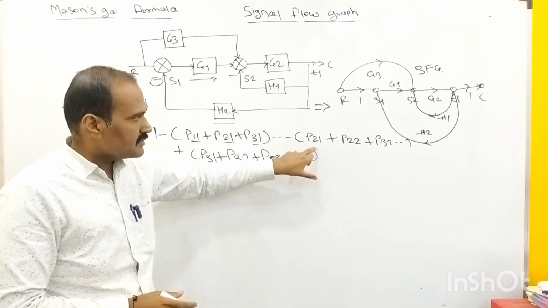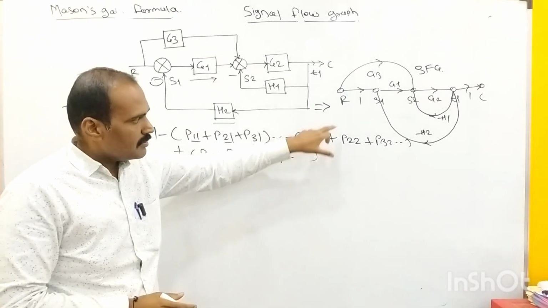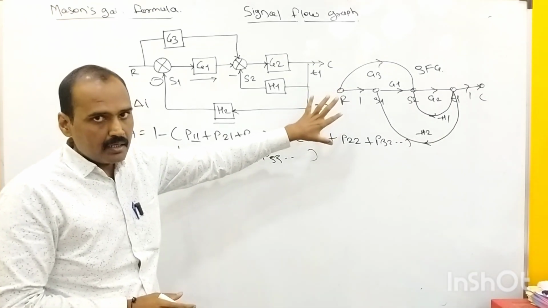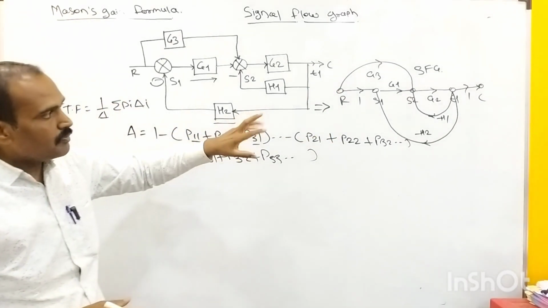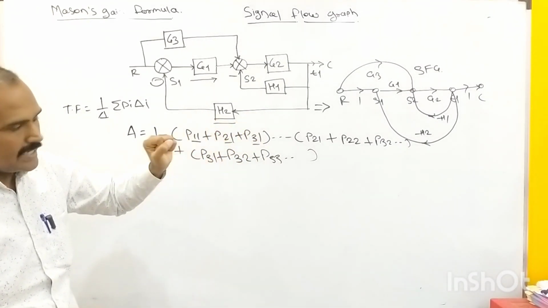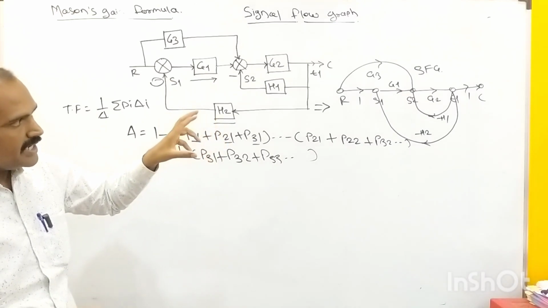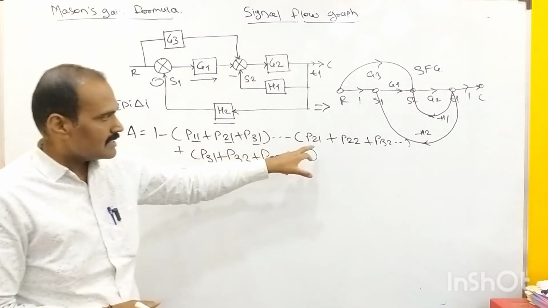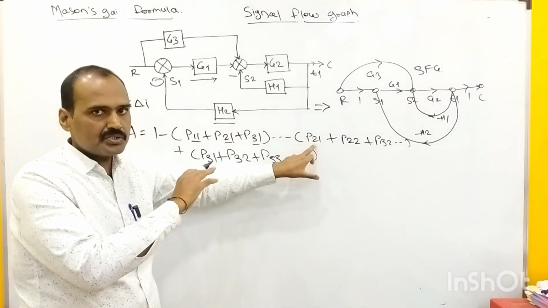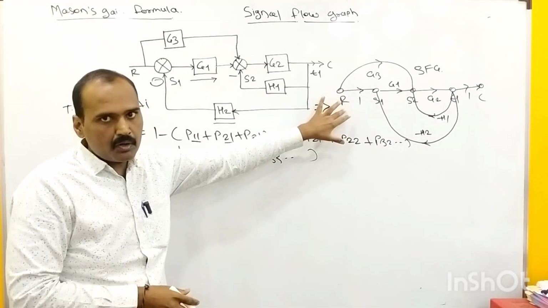Second parenthesis stands for what? P21, means basically it is the sum of gain products of any two non-touching loops, right? So here the question arises, what do you mean by non-touching loops? When we have n number of loops, out of those n loops, if any two loops are not sharing the same element or the same node, at that time only we can call them non-touching loops.